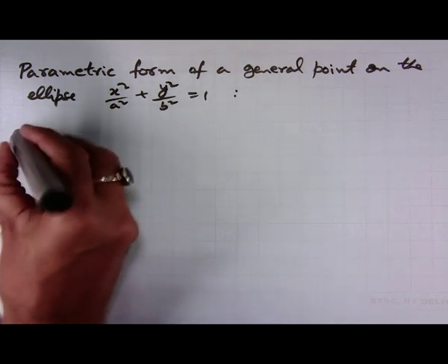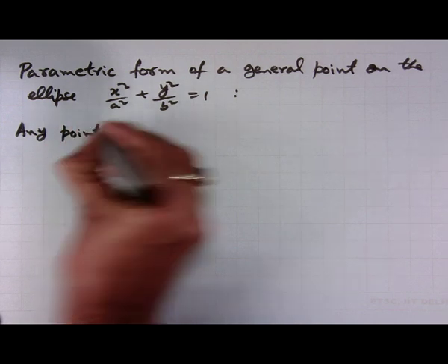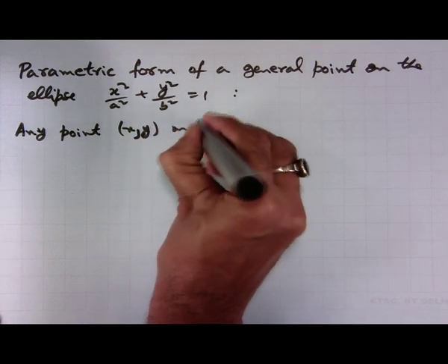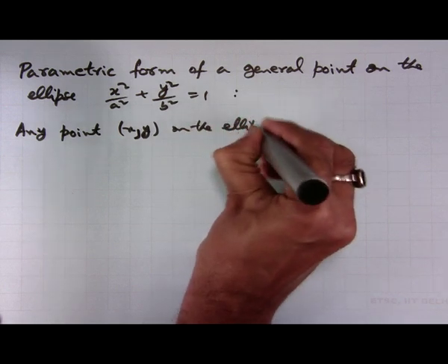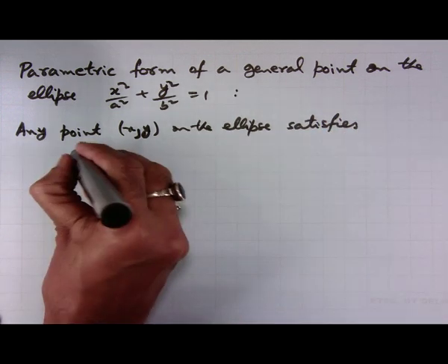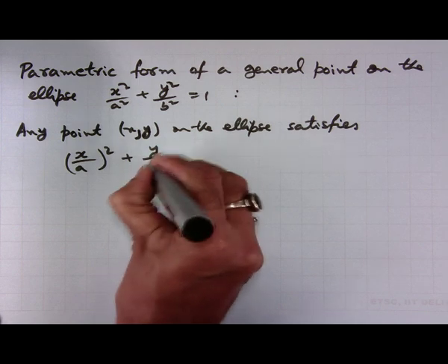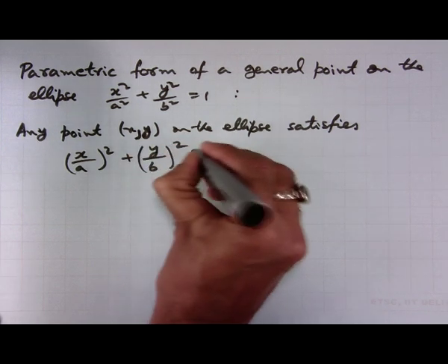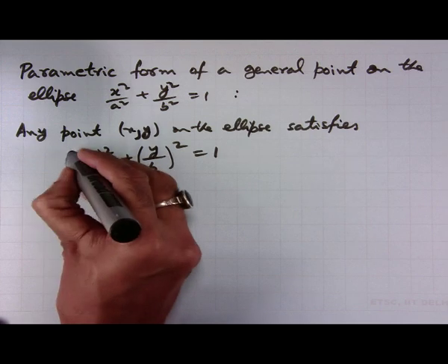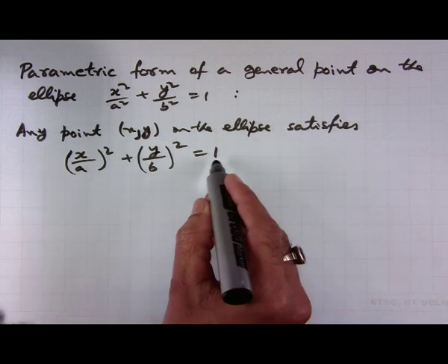So, any point x comma y on the ellipse satisfies (x by a) square plus (y by b) square equal to 1. So, from this we can easily see that we need the x by a and y by b such that the sum of the squares is equal to 1.